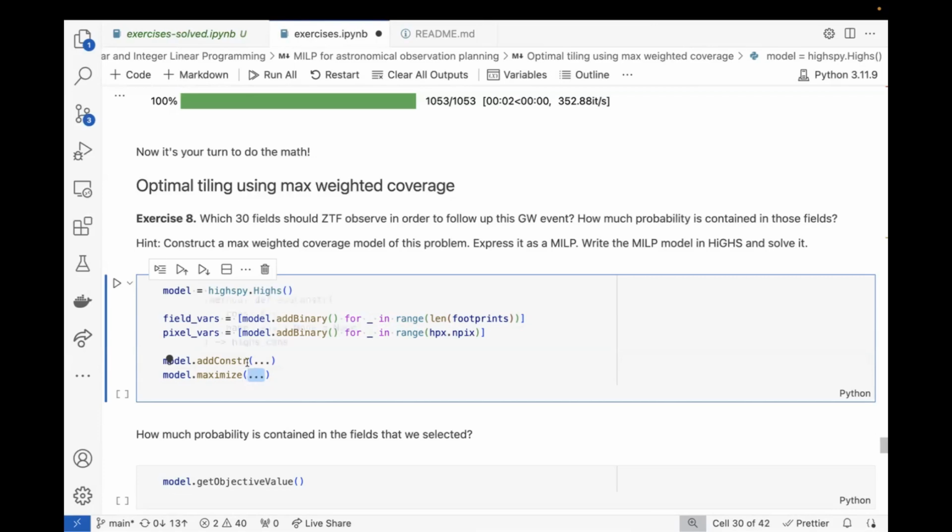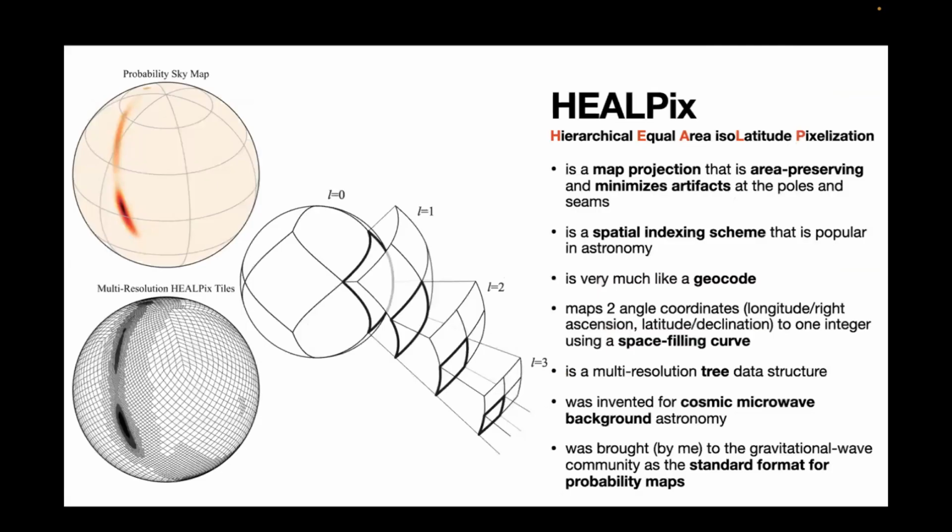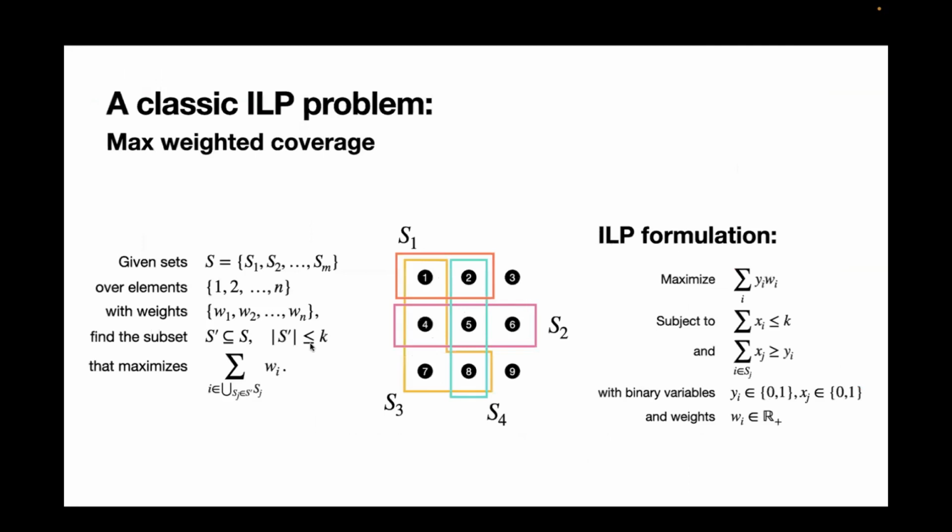Remember that we want to maximize the total enclosed probability, which is the sum of, making the analogy to the maximum weighted coverage problem, all of the weights times all of the element variables.